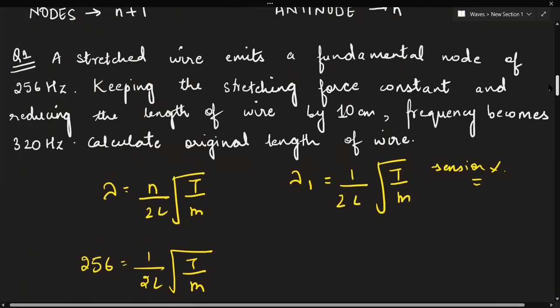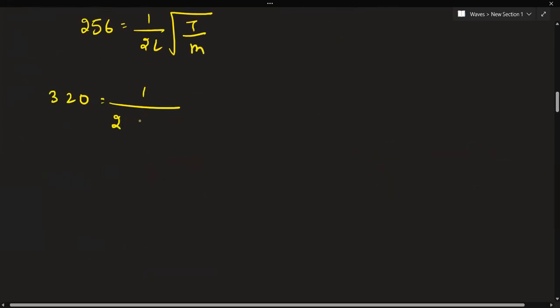Look, this is the question, for the 320 Hertz case. Is the length remaining the same? No. It is getting reduced by 10 centimeters. So it will be L minus 10. Then these terms are constant as specified by the question.